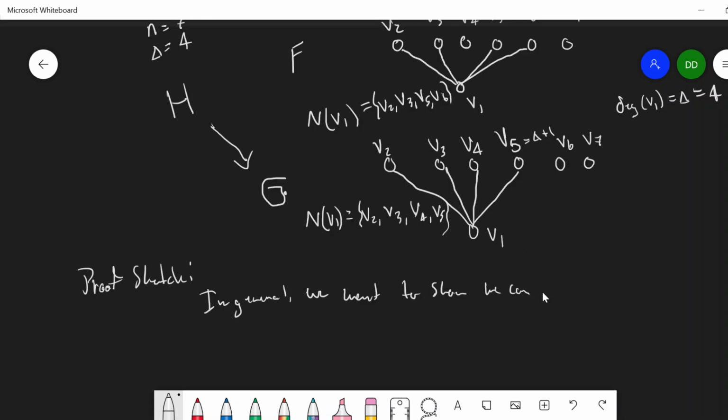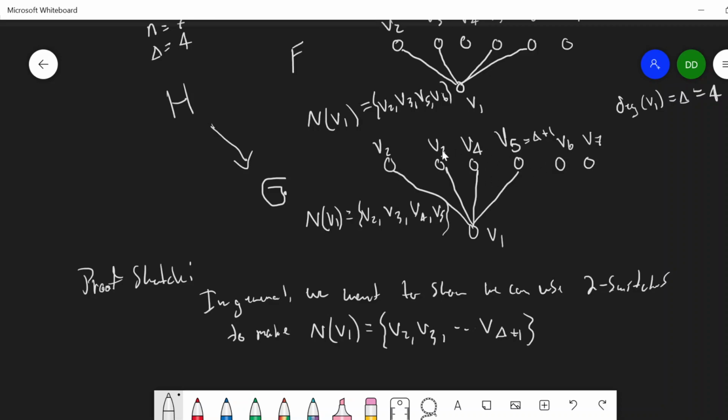We can use two switches to find a graph in this set. That is, to make the neighborhood of V1 into this neighborhood, V2, V3, up to V delta plus 1. In this case, I want to say I can always do this.